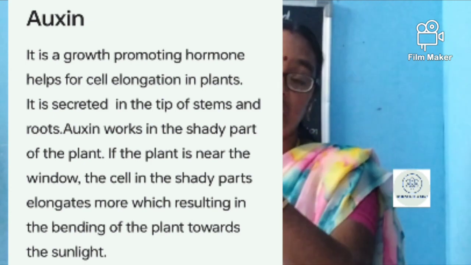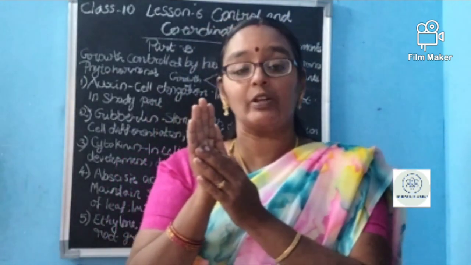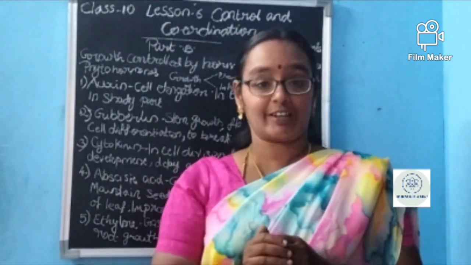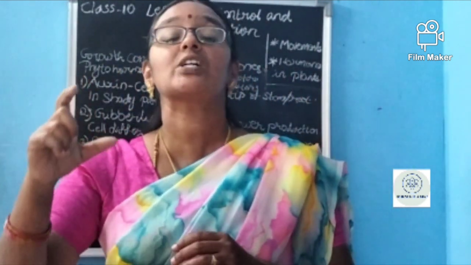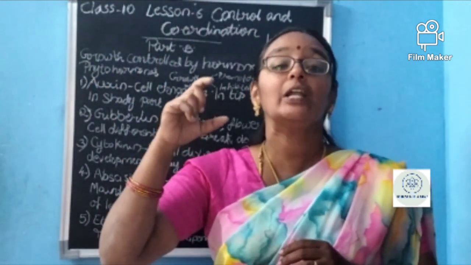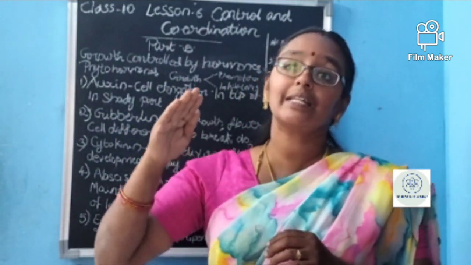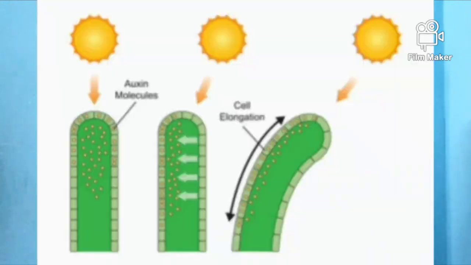In the cells which are directly in the sunlight, the auxin will not be working more, but in the shady regions the auxin will be working more. So the cells in the shady part will elongate more. This results in the turning of the plant, because one side is smaller and the other side is elongated more.